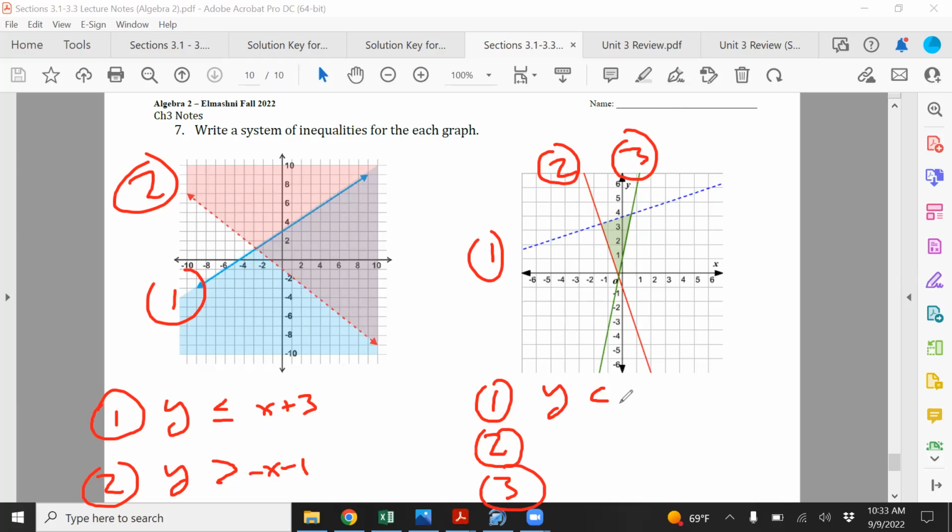Wait, how do you only get x for the first line? I got -2. I could be wrong. For number 1, I got 2/3. Yeah, my bad. Is greater than -3. Actually, I'm correct.